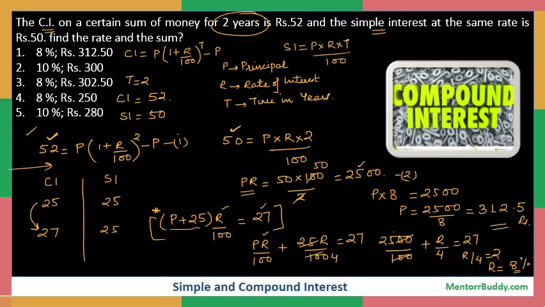So this is going to be my principal value. Therefore the combination of 8% and rupees 312.5, that is my first option, becomes the answer.